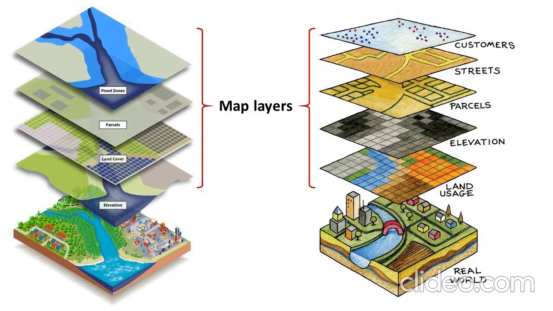Here the required information of the real world is stored in 4 layers: elevation, land cover, parcels, and the layer comprising information of flood zones. Such map layers also offer lots of flexibility.